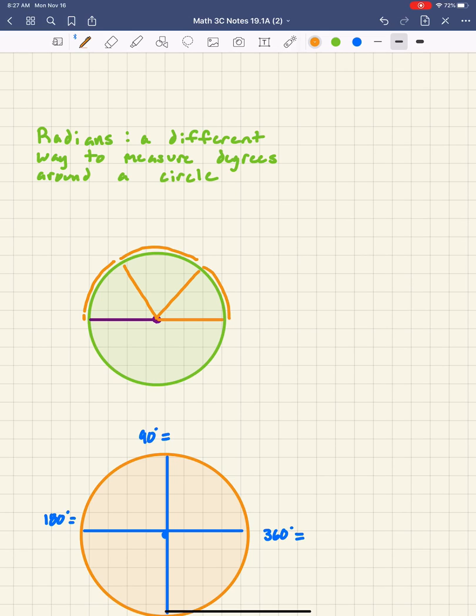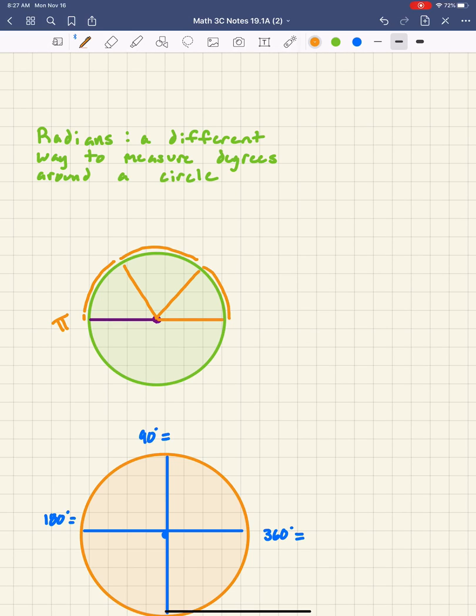So not quite just 3, we'd need a little bit more, and it turns out to be 3.14 radii to get halfway across the circle. That should ring a bell, because we know that pi is 3.14, and on and on. That's telling us that it takes pi radii to get halfway across the circle.